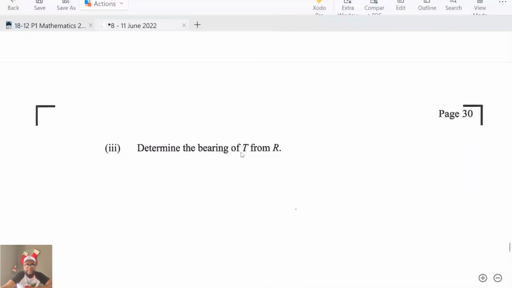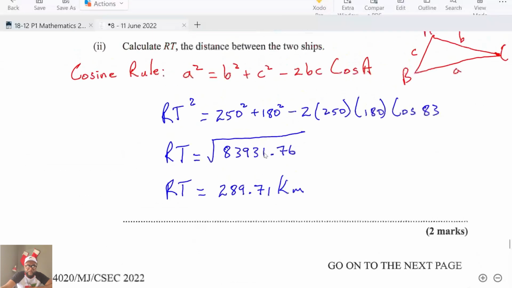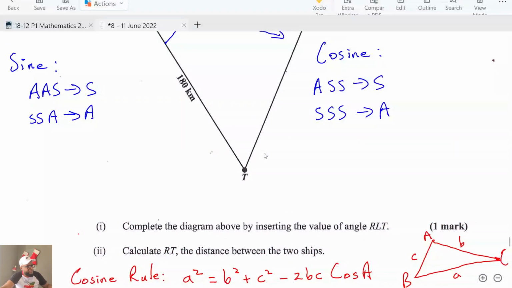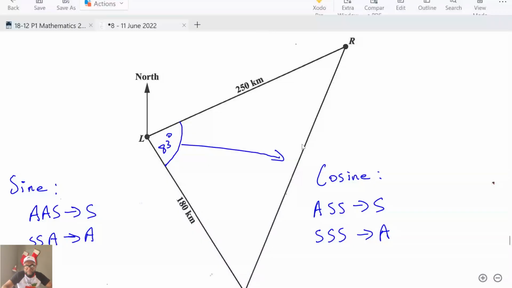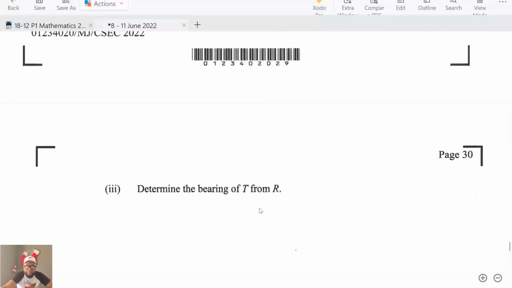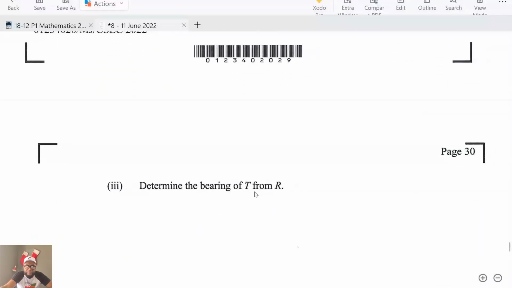There we go. Determine the bearing of T from R. Where are we coming from?